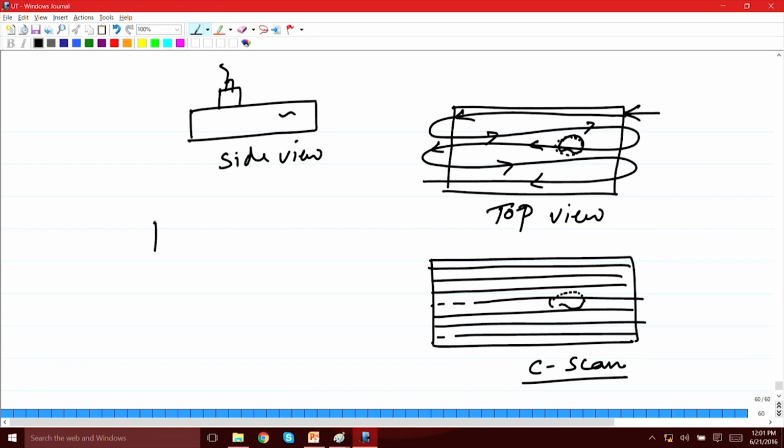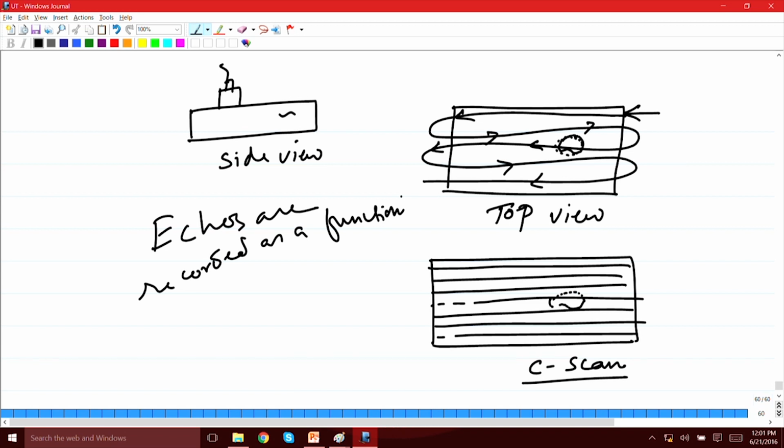Okay. So, as I said, in this case the echoes are collected, recorded as a function of position of each reflecting interface.